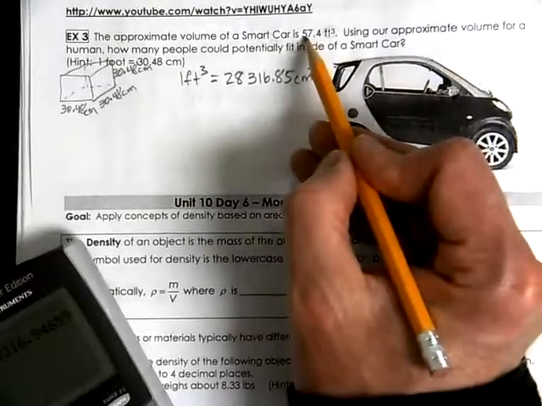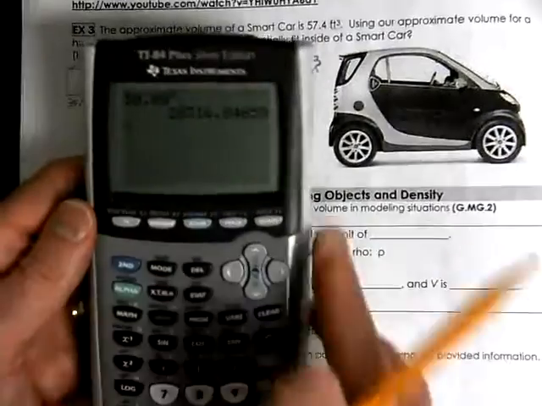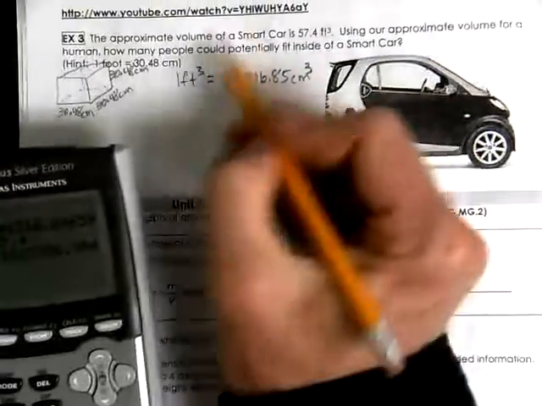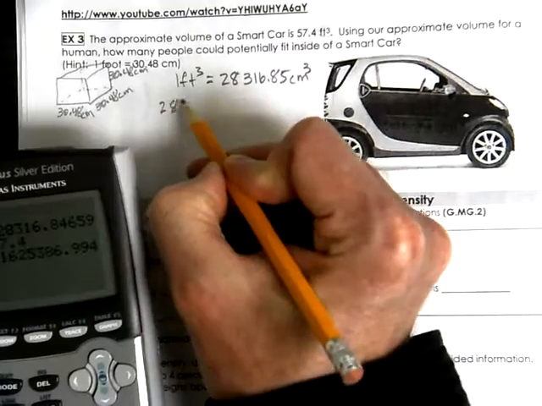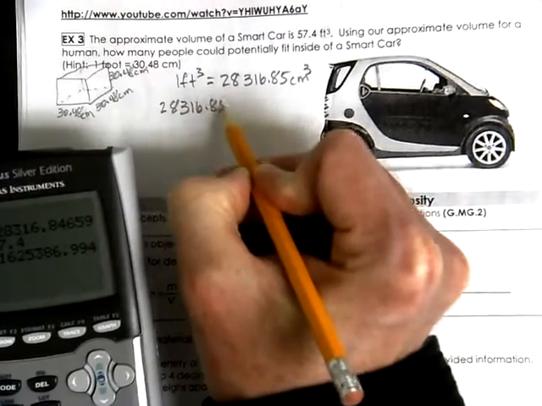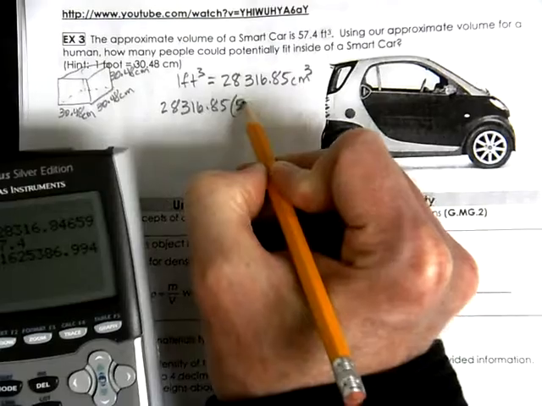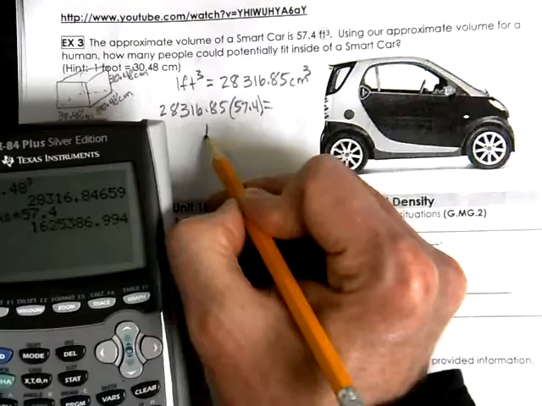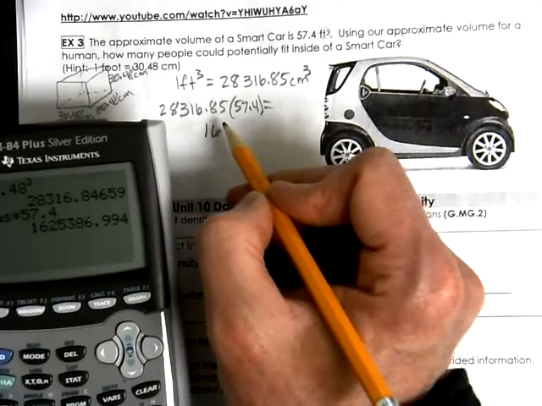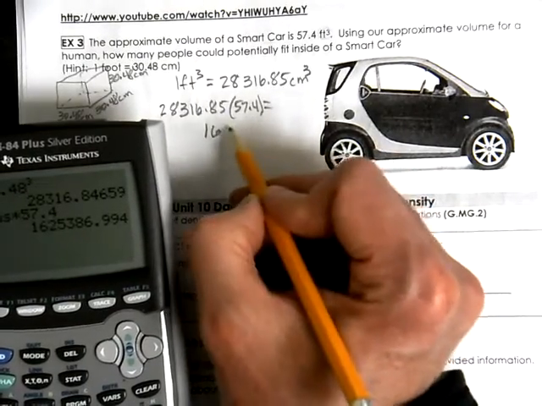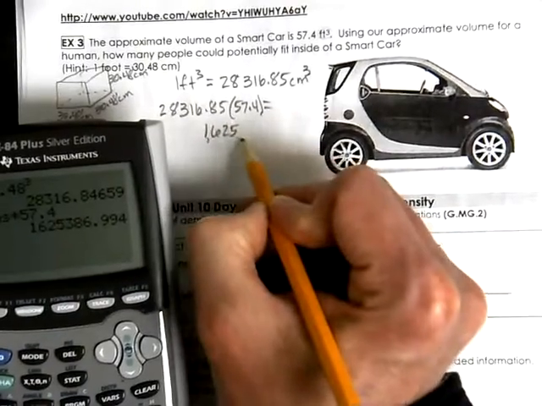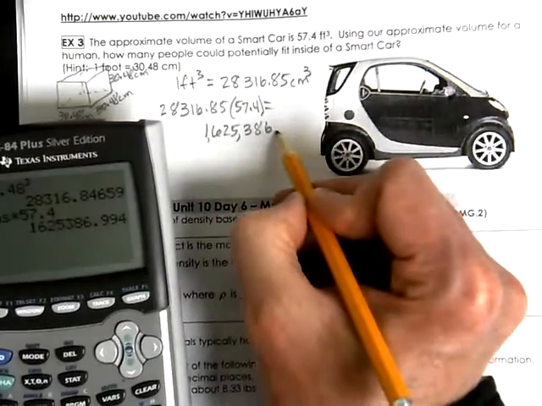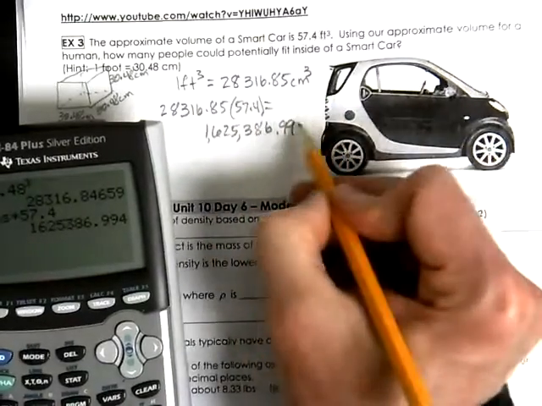And then if there's 57.4 of those, so we times this by 57.4, that's going to give us 1,625,386 and almost another.